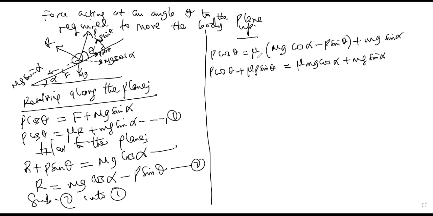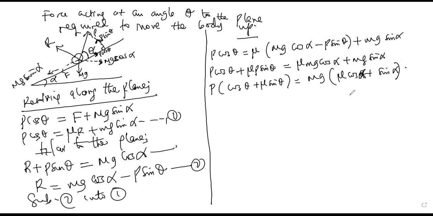We have brought mu P sin theta this side so that I collect the P's together. Yes. So here we shall have P into cos theta plus mu sin theta is equal to mg into mu cos alpha plus sin alpha.